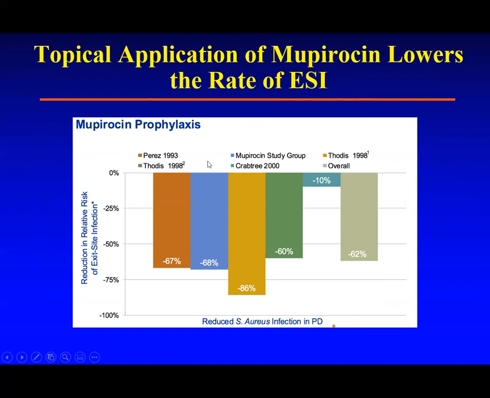And you can see that there is an average of about 60% reduction in the likelihood of exit site infection when one uses mupirocin applied at the exit site. If you get rid of the high outlier and the low, you can see that the others are all between 60 and 68%.